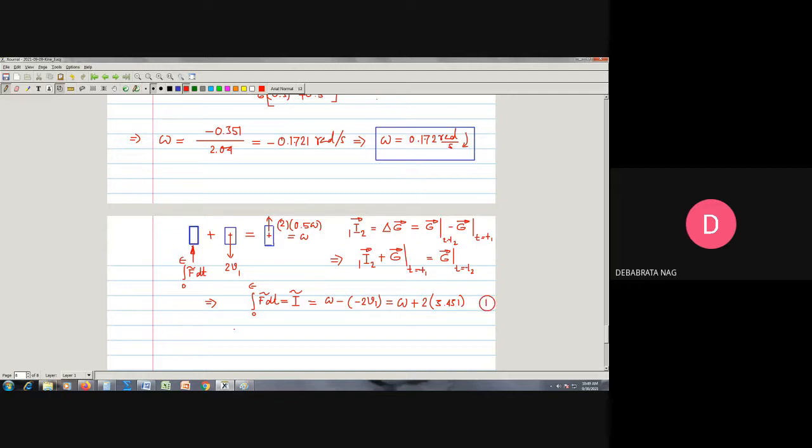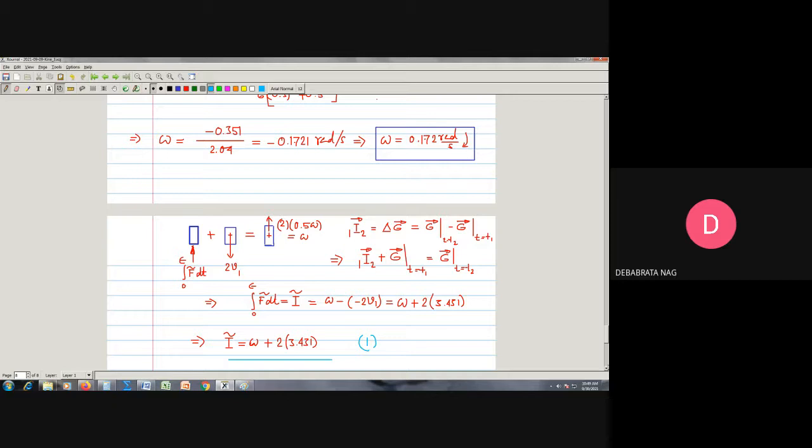So I get from the first equation that I tilde is equal to omega plus 2 into 3.431. So this is our equation 1.